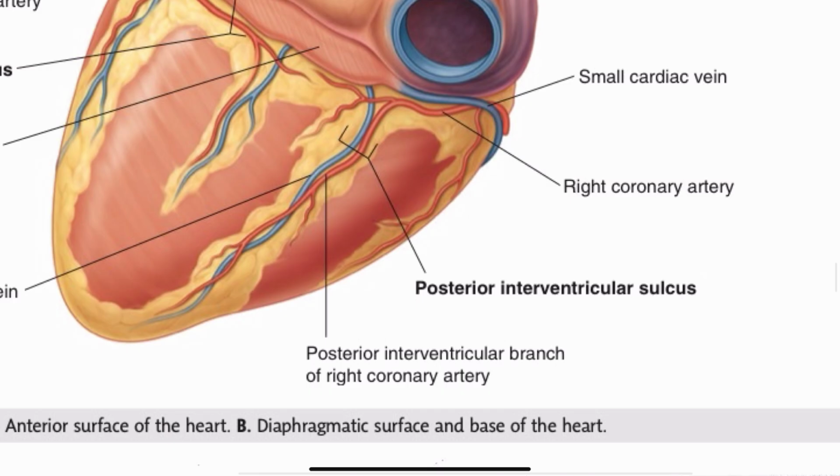We can see here this posterior interventricular branch of the right coronary artery supplies this posterior surface. So if the blockage of the right coronary artery happens here, proximal to the interventricular branch, the posterior surface will also be affected. So we call it acute ST-elevated MI with posterior extension.